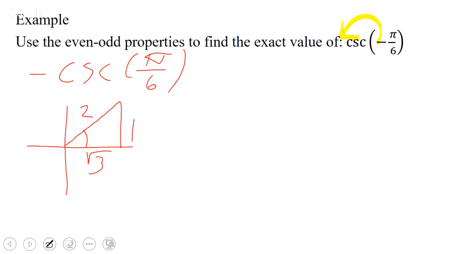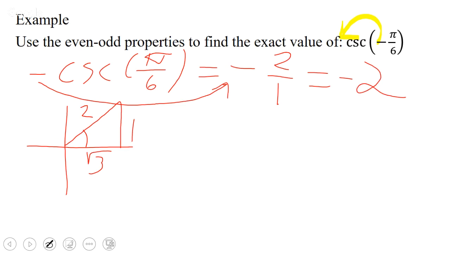Cosecant is the reciprocal of sine, and sine is opposite over hypotenuse. So cosecant is hypotenuse over opposite. So remember, I need to take that negative, I bring it out, and cosecant of pi over 6 is hypotenuse over opposite. So 2 over 1. So that's negative 2.